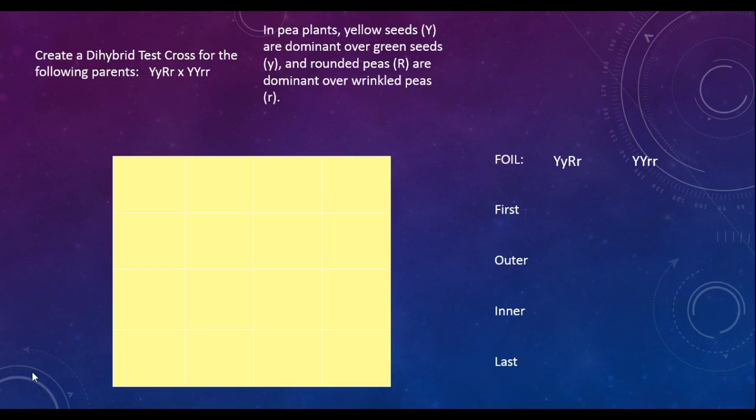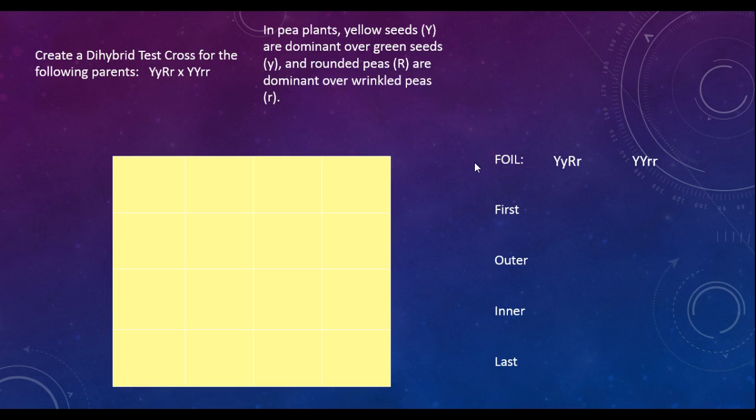We're going to take a look at our first test cross here, and we're going to set it up using FOIL. We're going to take a look at big Y, little y, big R, little r first. The first parent here we will place up top, the second parent we'll place down the side.